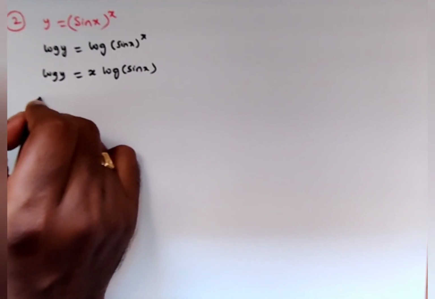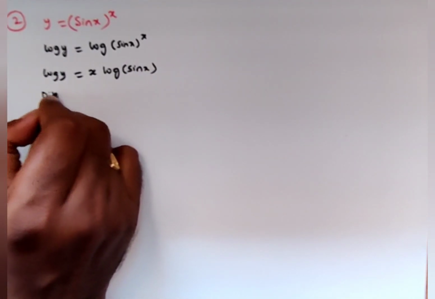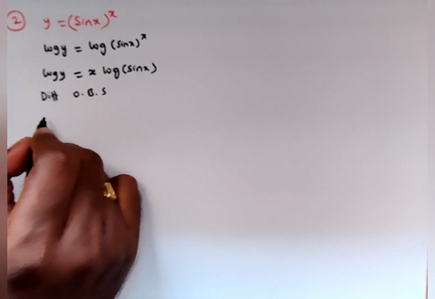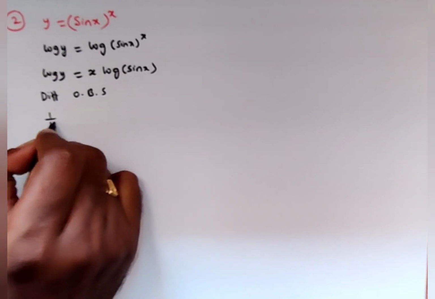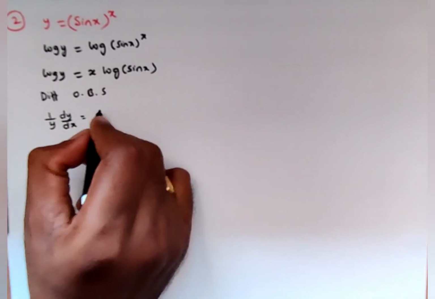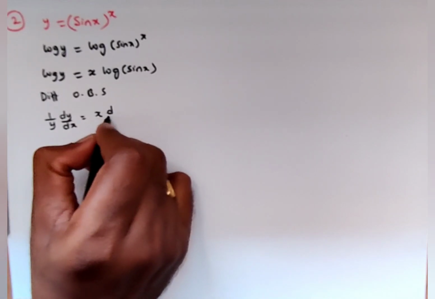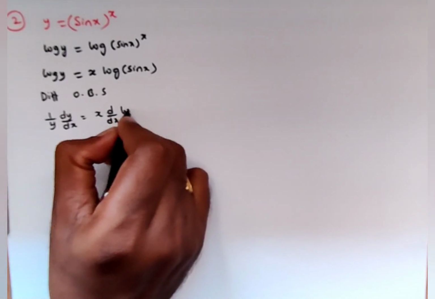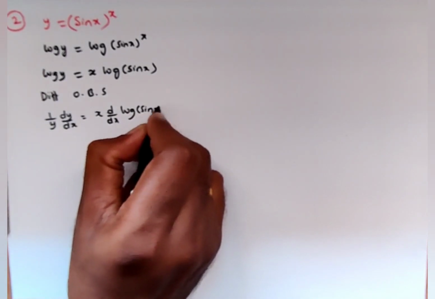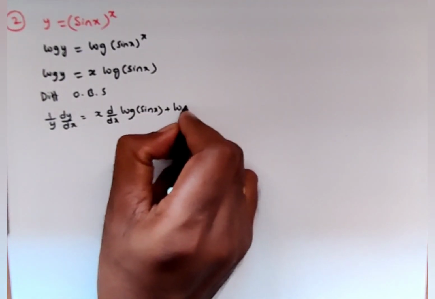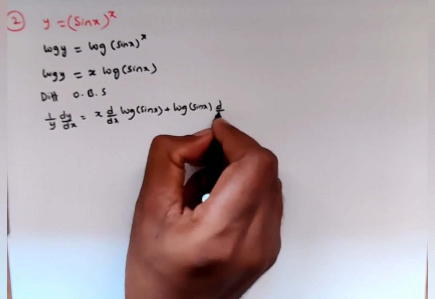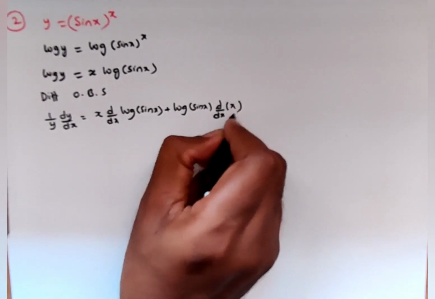Differentiate on both sides with respect to x. Now the derivative of log y is 1 by y into dy by dx, which is equal to x into the derivative of log of sin x, in u into v form, plus log of sin x into d by dx of x.